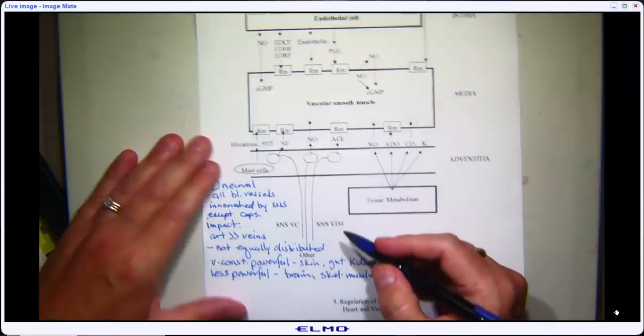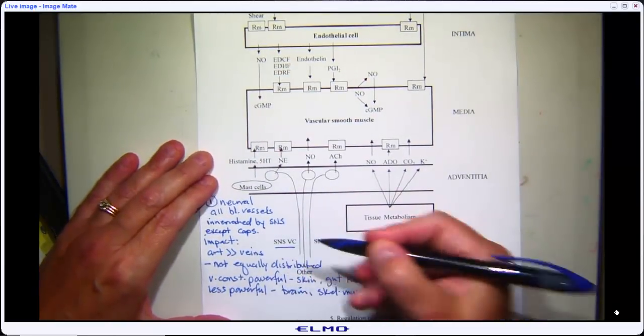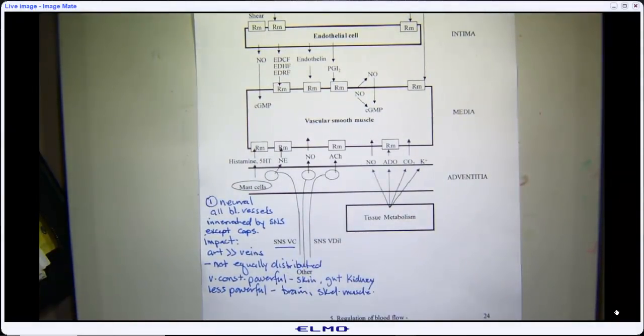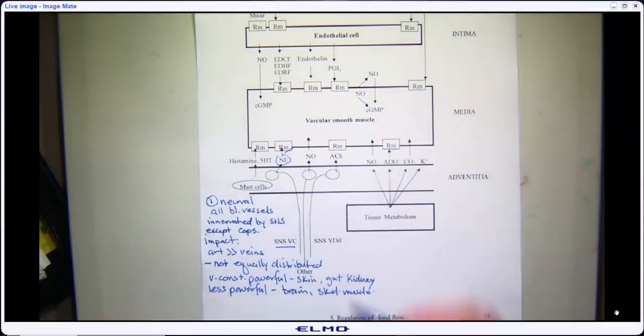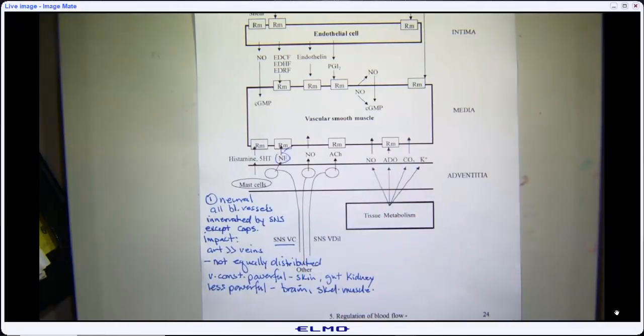So really classically, we have our SNS releasing norepinephrine onto an alpha adrenergic membrane receptor population to cause constriction. So you'll see SNS vasoconstriction very commonly.